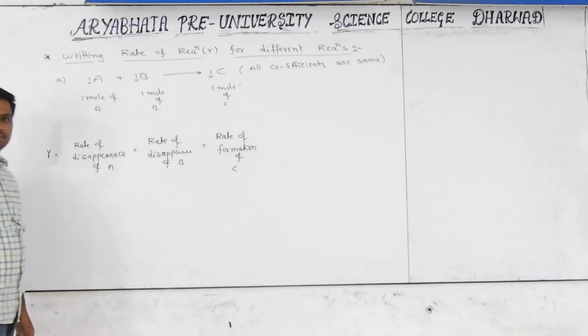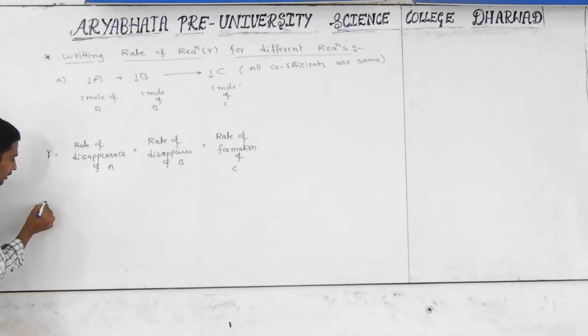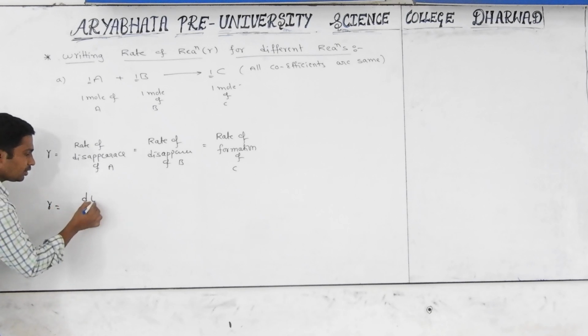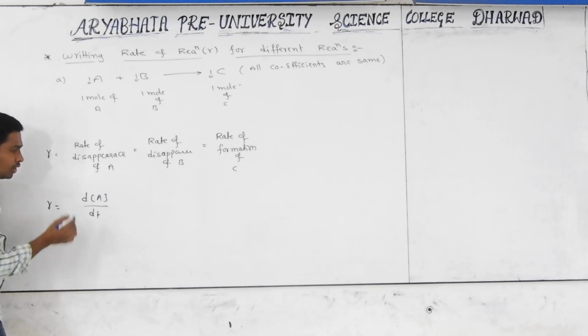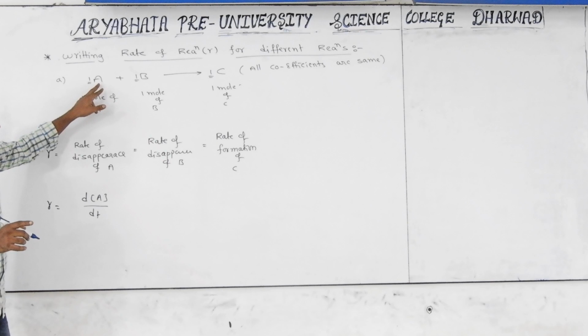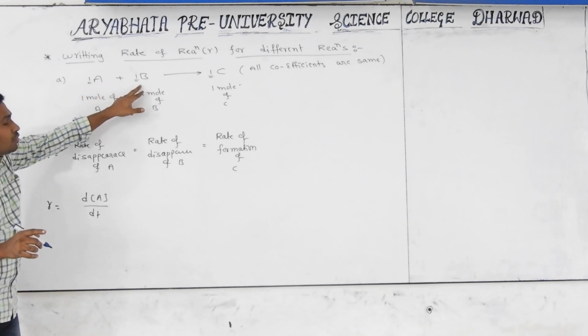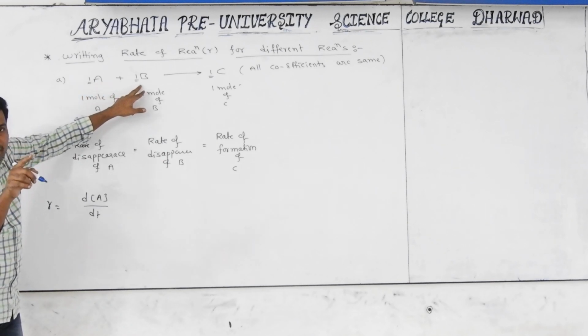C. Now see carefully: R is equal to rate, and rate means change, that is, d of concentration of A by the time interval. You have to remember one point. Whenever we express the rate of reaction in terms of a reactant, we should keep a negative sign.